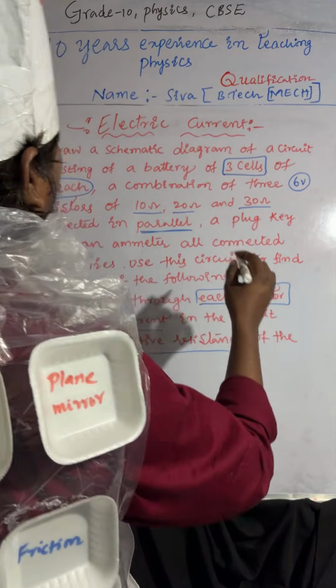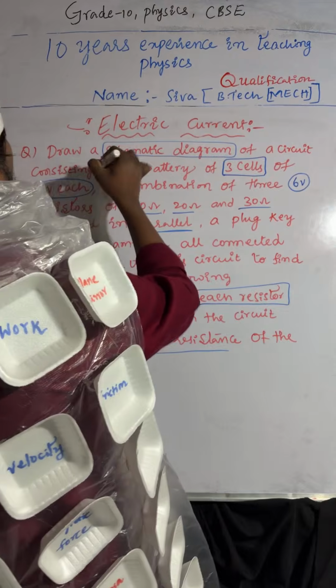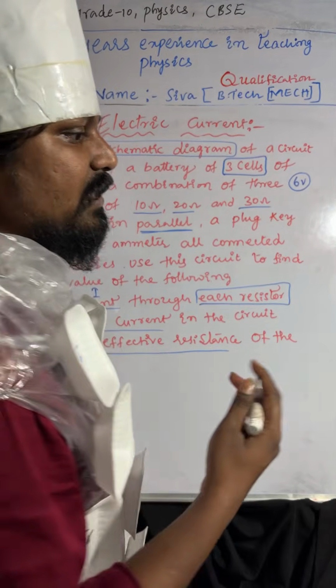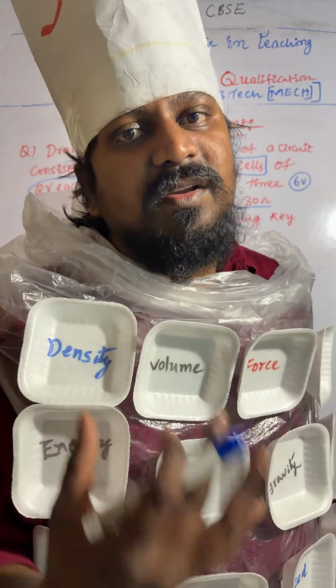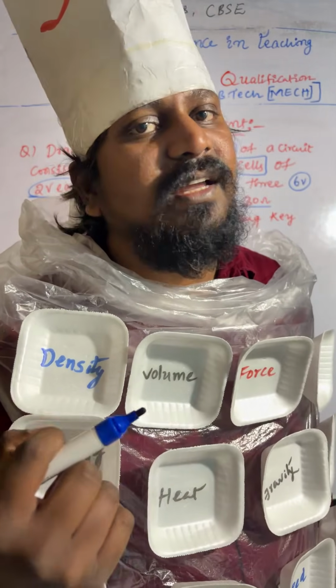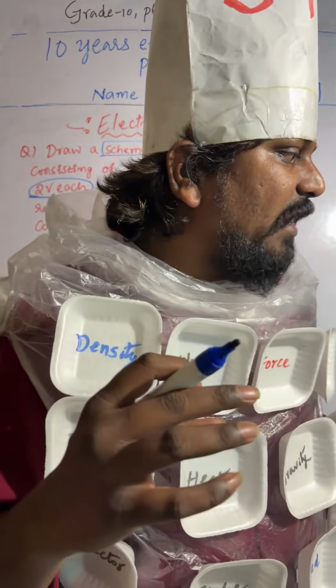So here draw the circuit. They asked for a schematic diagram, which means circuit diagram only. Schematic diagram is nothing but circuit diagram. First they mentioned 3 resistors are connected in a parallel combination.